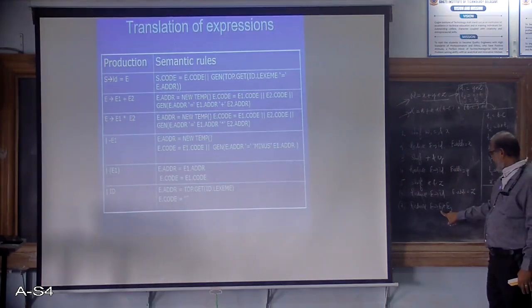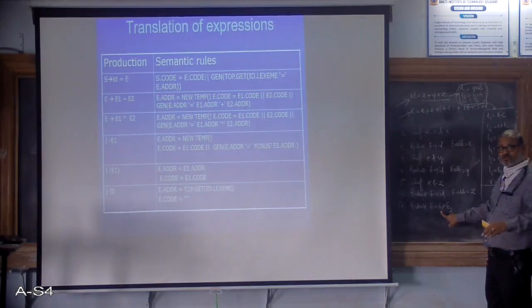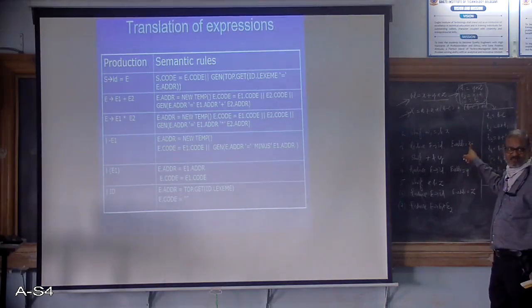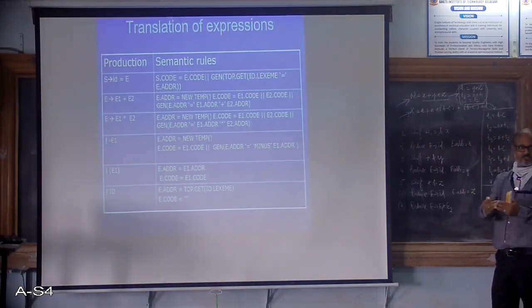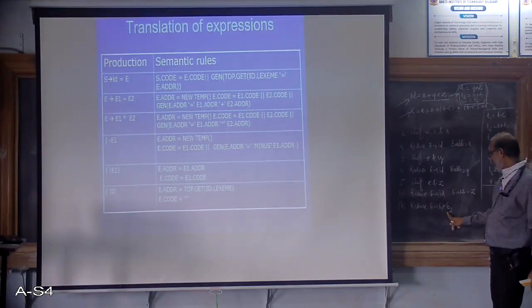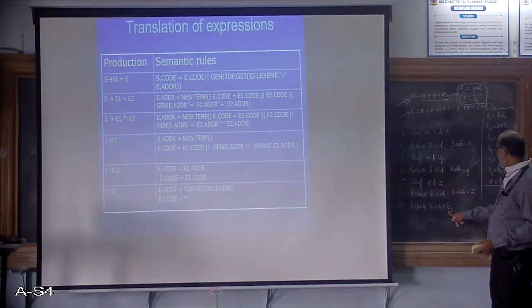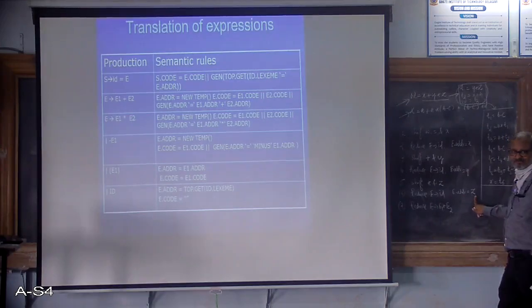Next is the value associated with that sequence, which is E dot address, that is Y. Similarly, for this grammar symbol, I don't have any sequence of 3 address codes generated, but I have the value, the E dot address, which is Z.